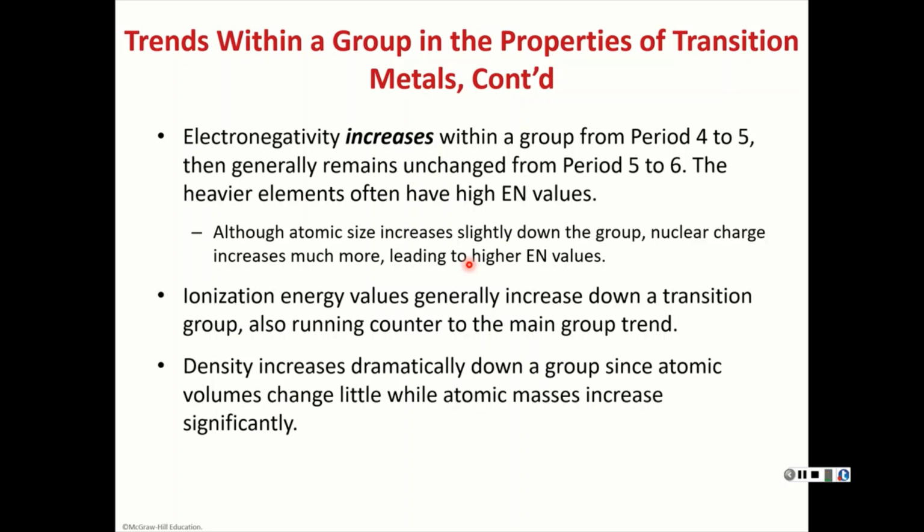That's the opposite of what is seen in the main group elements. If you just use the halogens as an example, fluorine is the most electronegative, and as you go to chlorine and bromine, electronegativity decreases, not increases like you see from row 4 to row 5 of the transition elements.